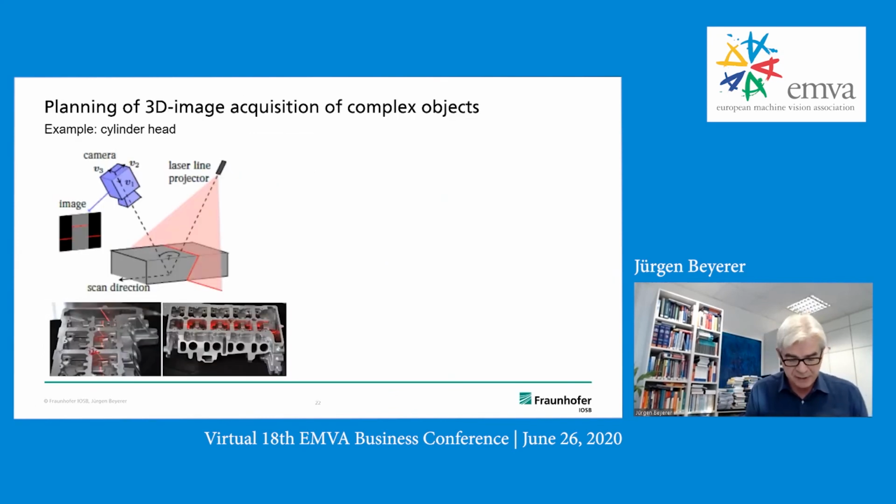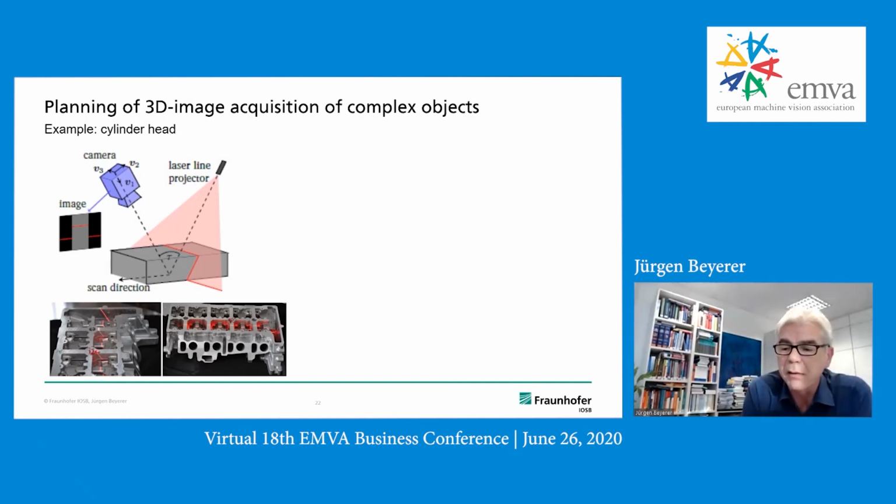So the last example I would like to show you is about laser triangulation and planning of 3D acquisition of complex objects. Laser triangulation is a very simple and established technique. A laser line is projected on the surface, and the camera looks from a different view at the laser line, and from the deformations of the laser line you can reconstruct the 3D shape.